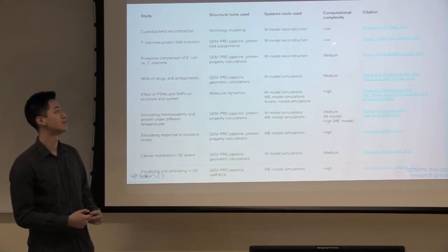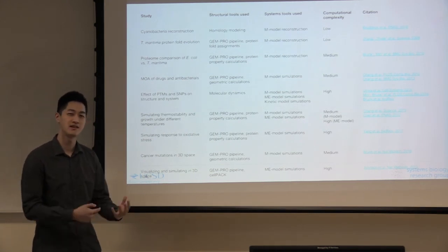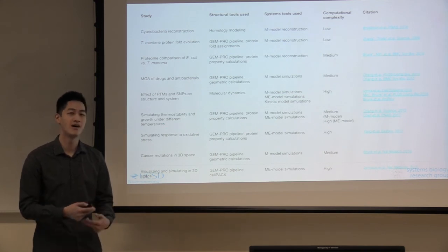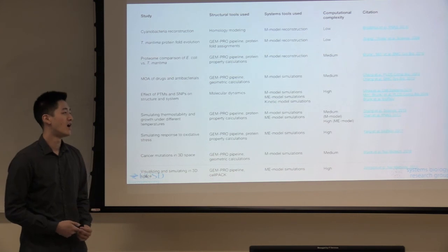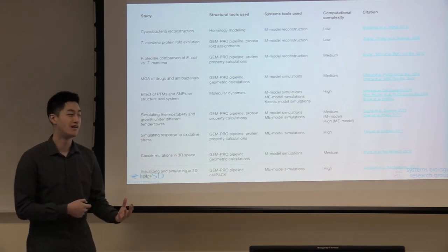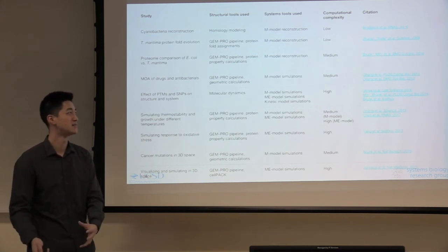Some of these were a little easier than others because they didn't require as much computational time to start the analysis. And some of these, like the MD-related ones, did require a lot of work to set up and also to analyze. But this just shows you the scale of different analyses that can be done with the integration between structural biology and systems biology.